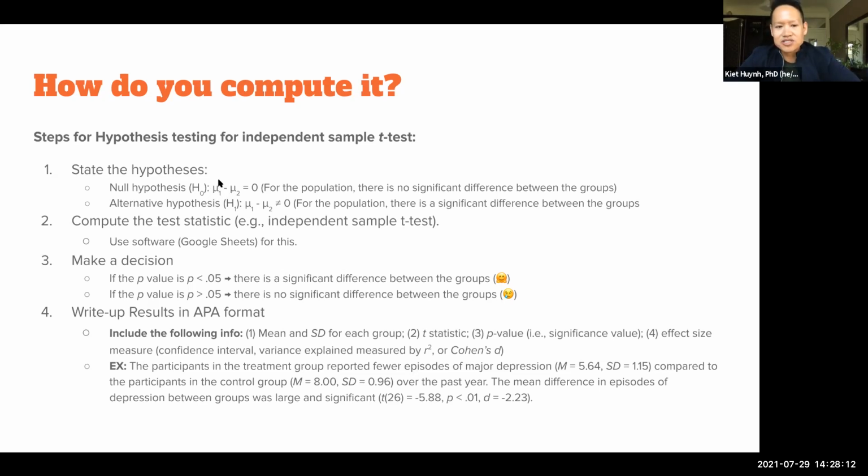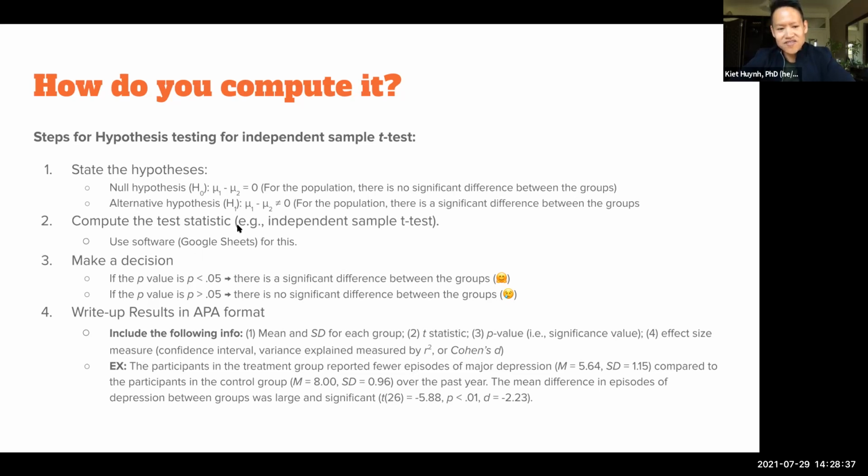The mean of population group 1 minus the mean of population group 2 equals 0, meaning that the 2 groups in the population are not different or not significantly different. That's why they're equal to 0. And that's why we interpret it this way: for the population, there's no significant difference between the groups.